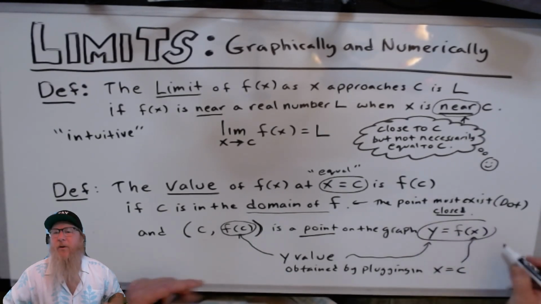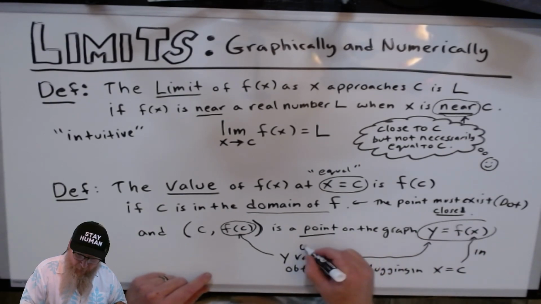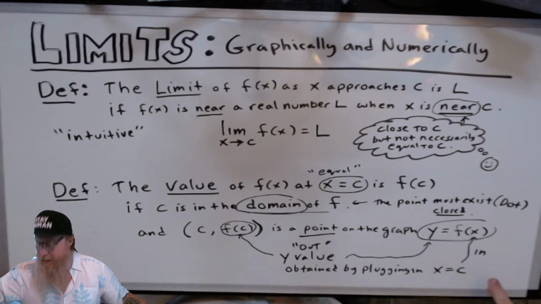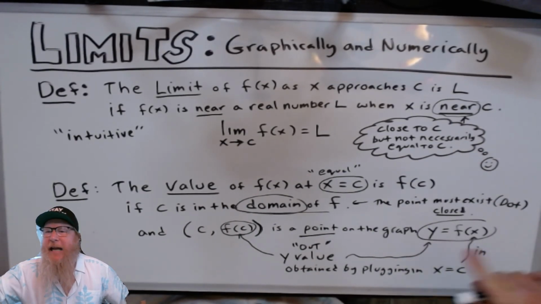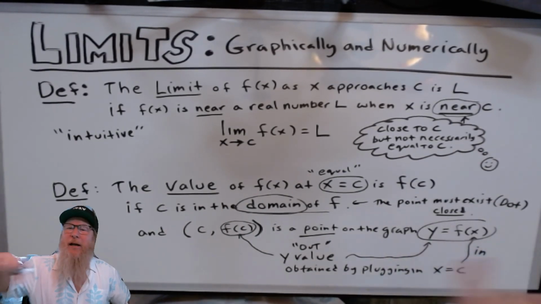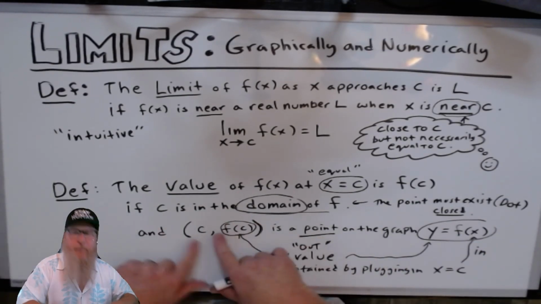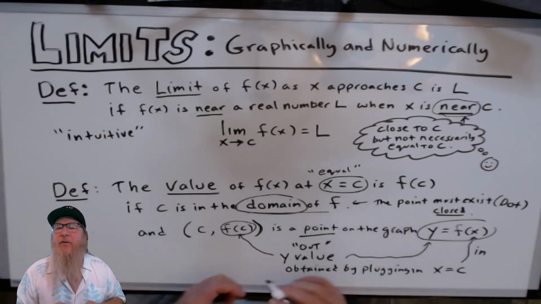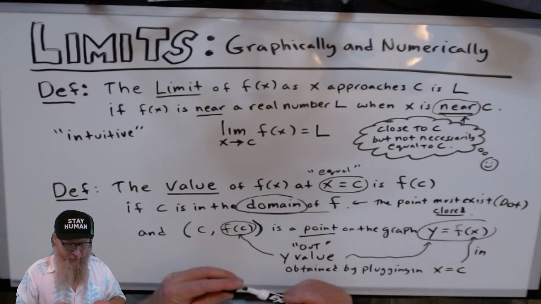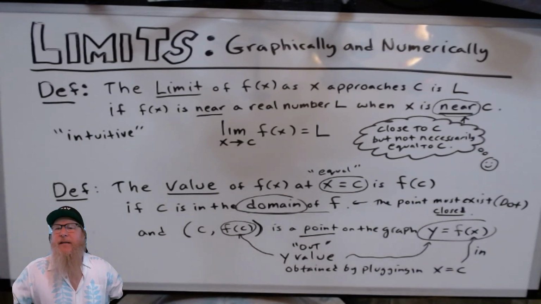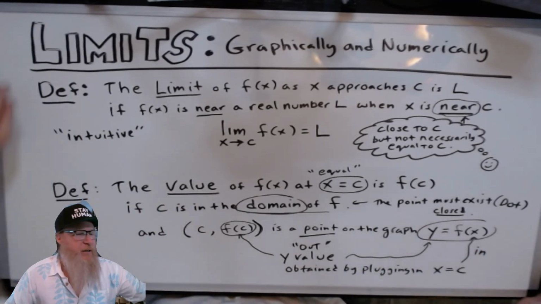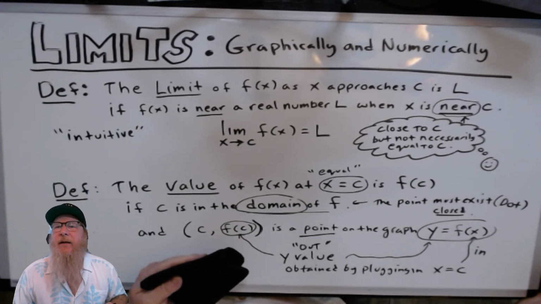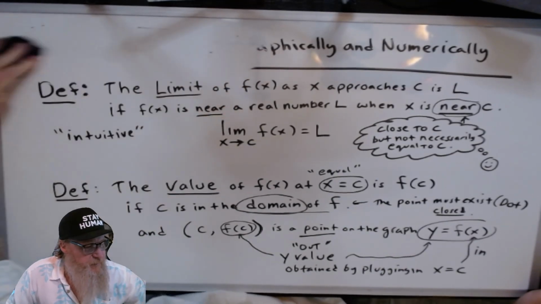So you have the input and then the output, which is why the value must be in the domain, because if it's not in the domain, then you can't plug it in. And if you can't plug it in, then you can't get something out, and then this point would not exist. So that's what it means to be a value of the function. Take a quick look at that. Maybe screenshot it, or you'll also see these definitions in the textbook. Let's go ahead and do some examples.